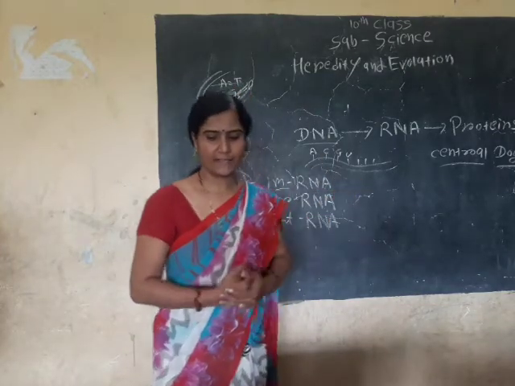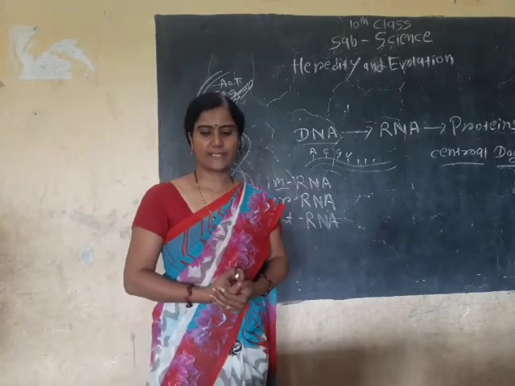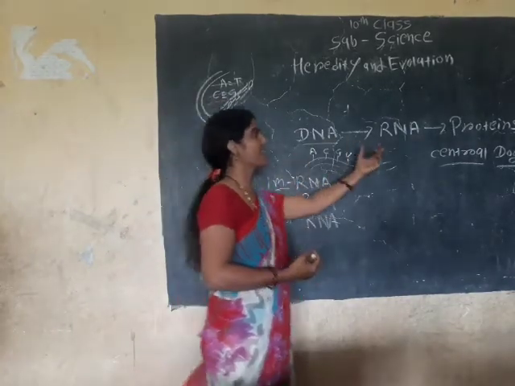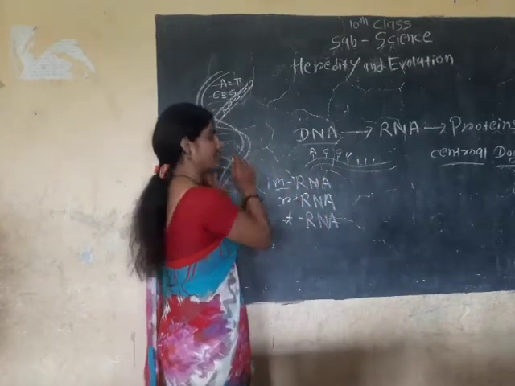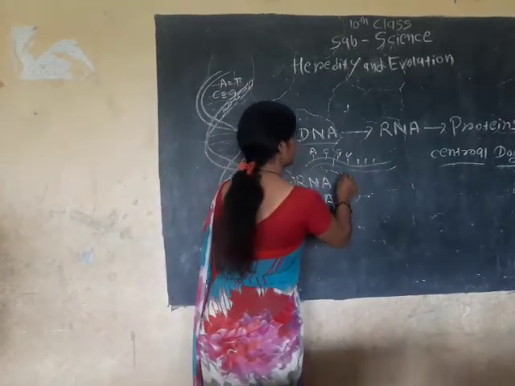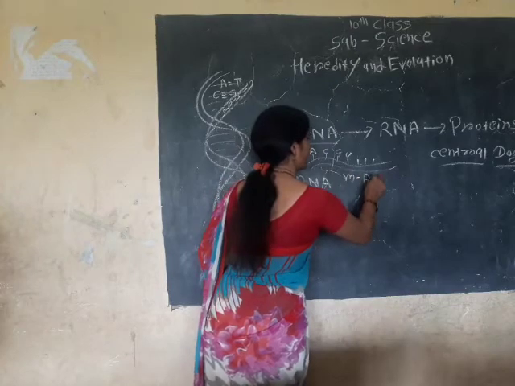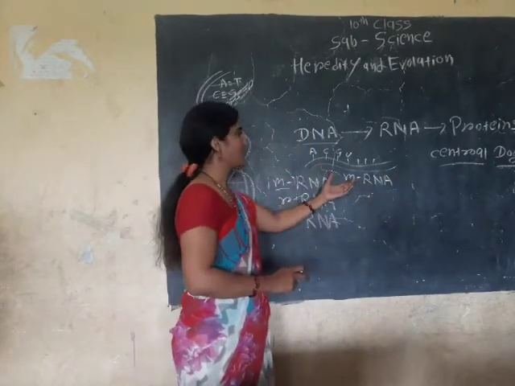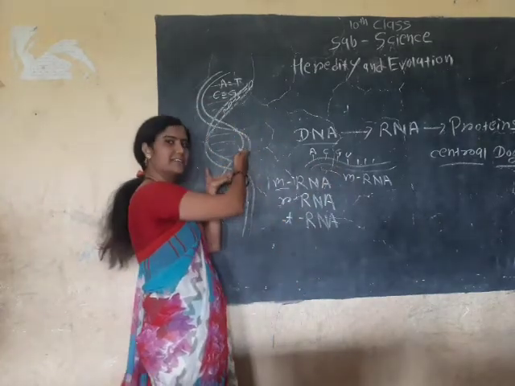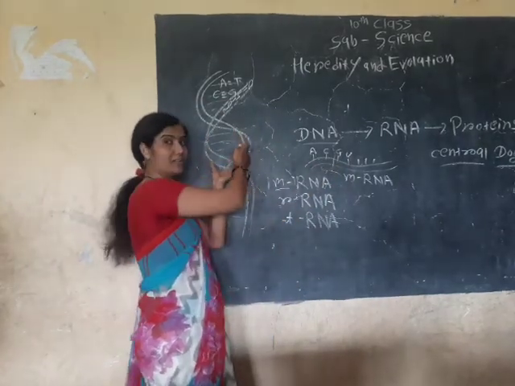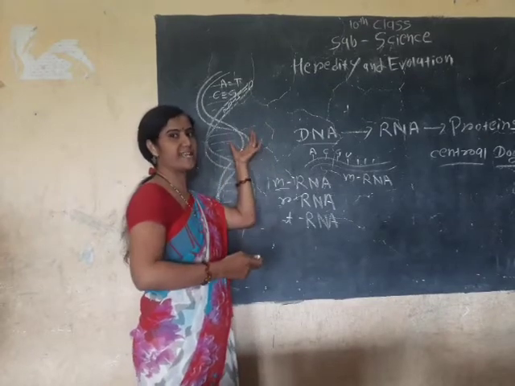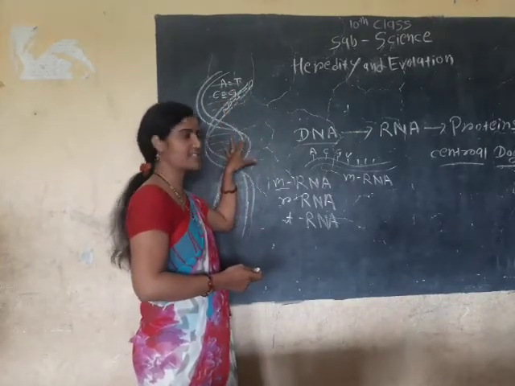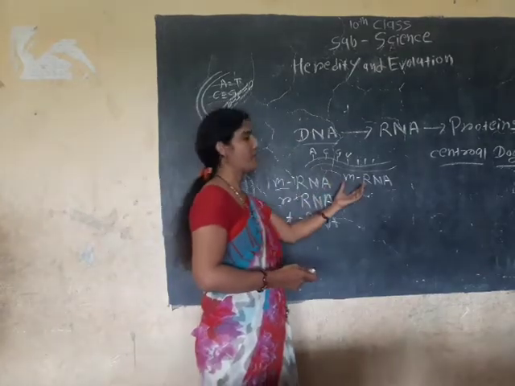Then this process of RNA synthesis is called transcription, the process of RNA synthesis from DNA. mRNA is called messenger RNA. All the information is taken from the DNA strand on the basis of the sequence of nucleotides present on that DNA strand. That is taken with the help of mRNA.